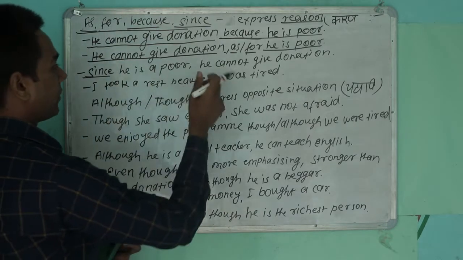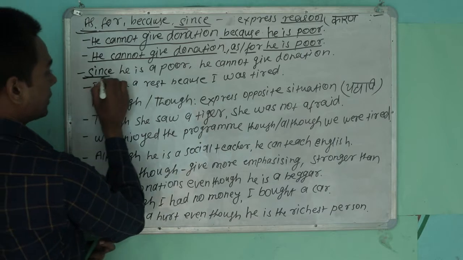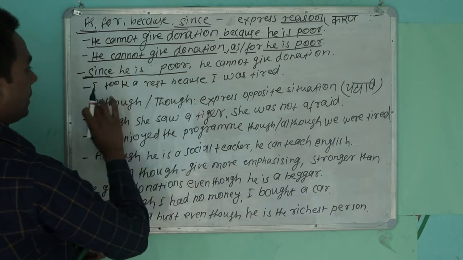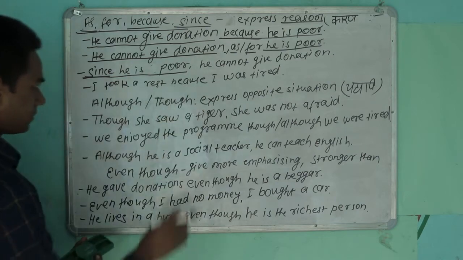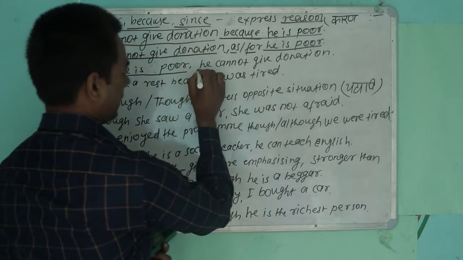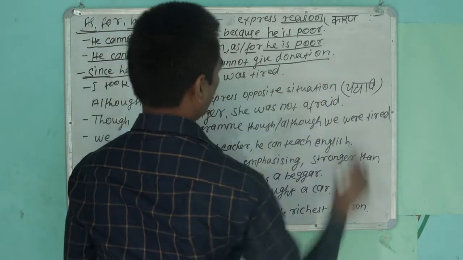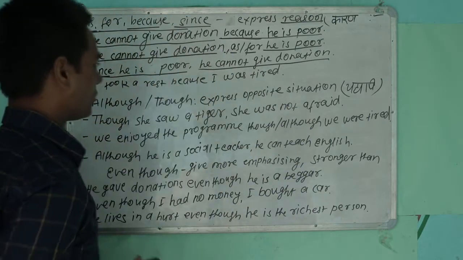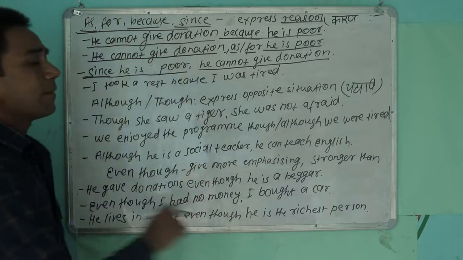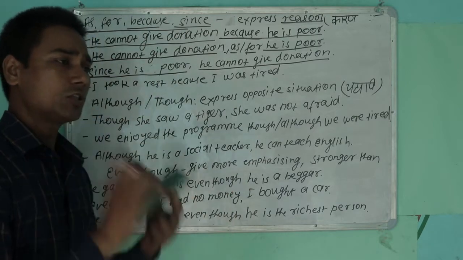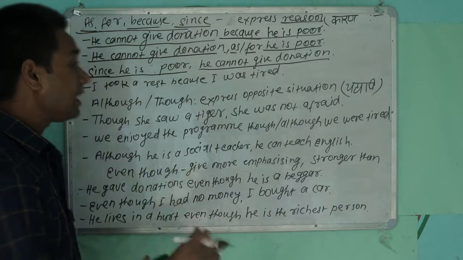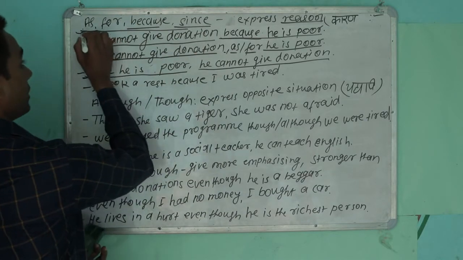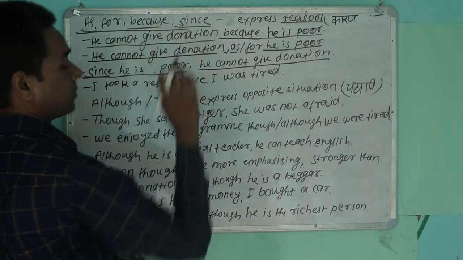Now let me tell you about this sentence. Okay, since he is poor, he cannot give donation. Look, we have three sentences. These all have same meaning. No changes in meaning. Only we have difference: the using place of as, for, because, since.